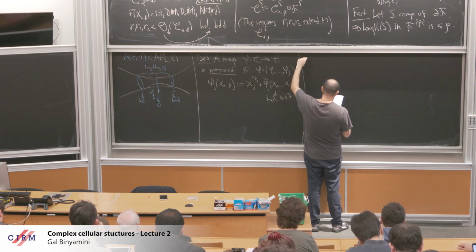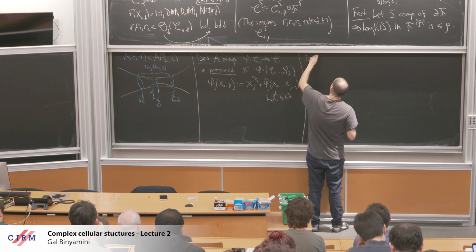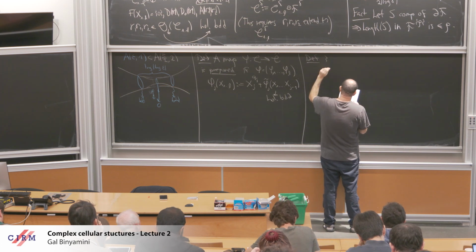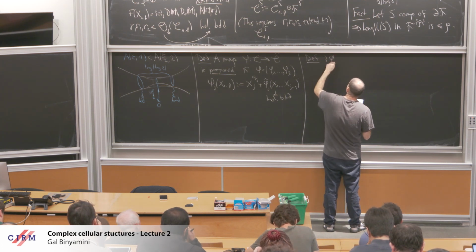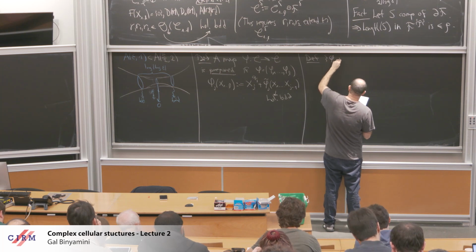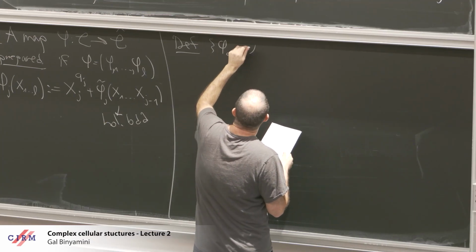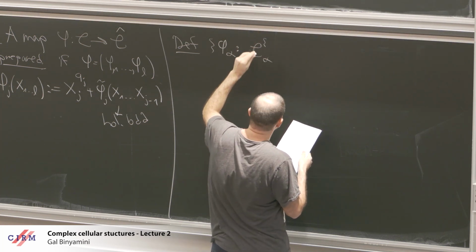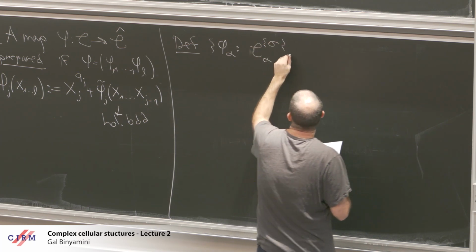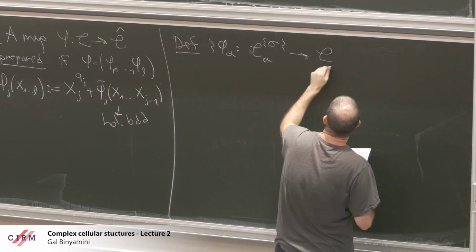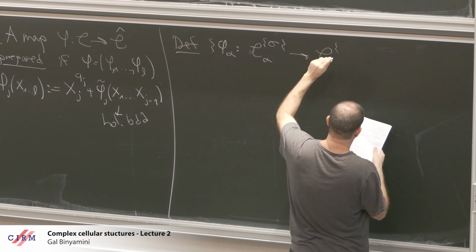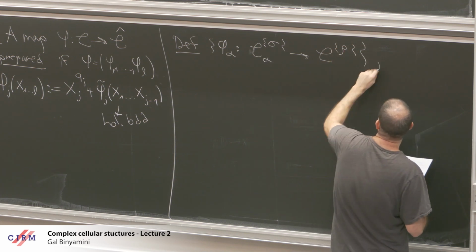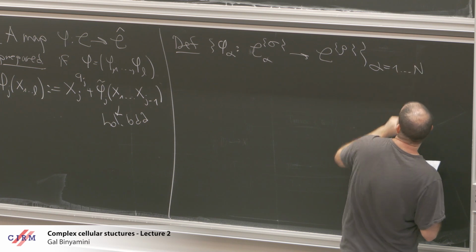Suppose that phi alpha are maps from certain C alpha with a sigma extension to a C with a rho extension. I'm going to take a collection like this where alpha is some index.